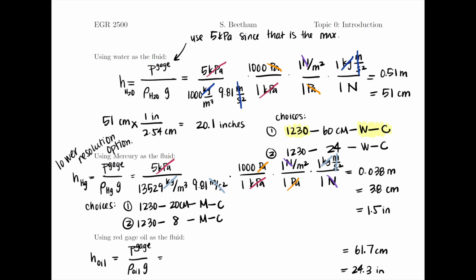All right, so when we calculate 5 times 1,000 divided by 13,529 times 9.81, we end up with 0.038 meters, which is 3.8 centimeters. And then 3.8 centimeters is 1.5 inches.